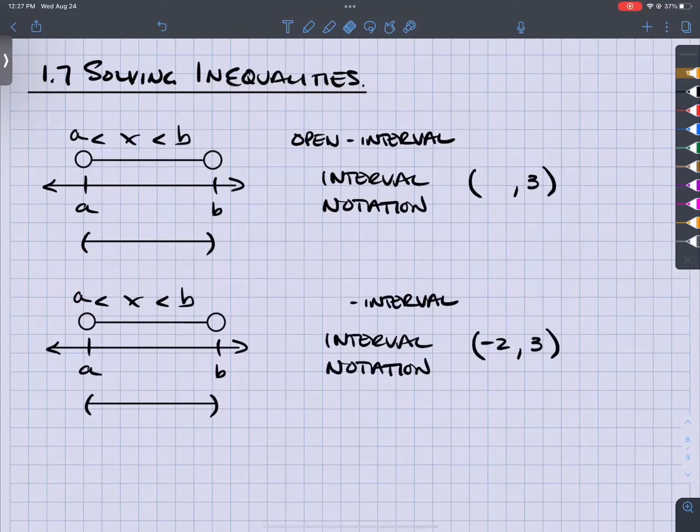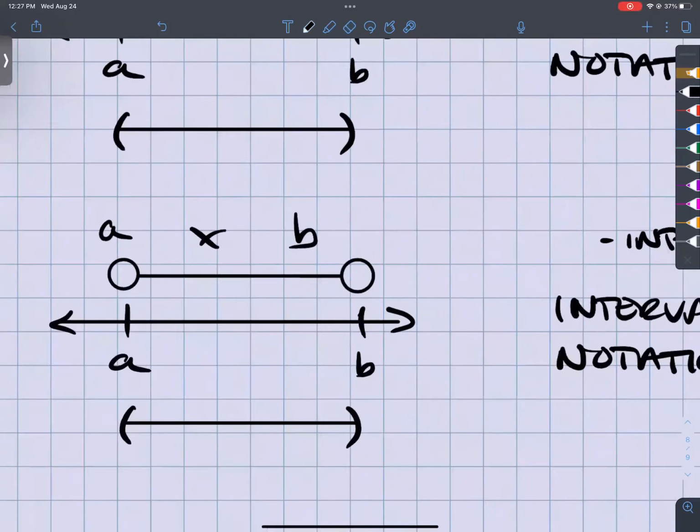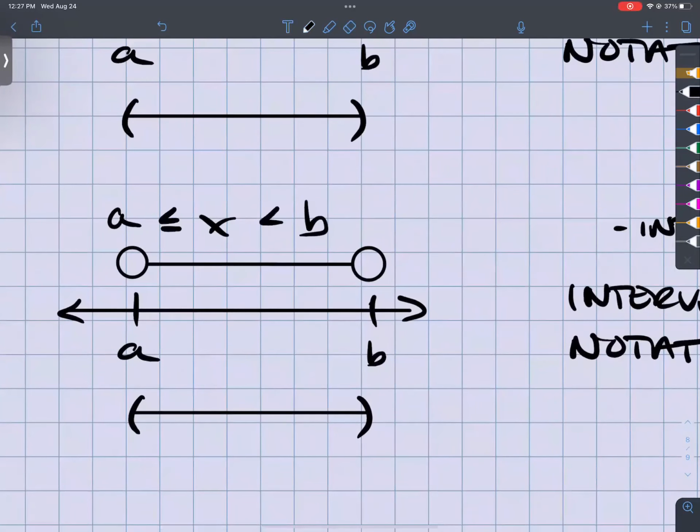Oops. I guess I should have done these two too, right? So what if I did this instead? What happens now? Circles are closed.